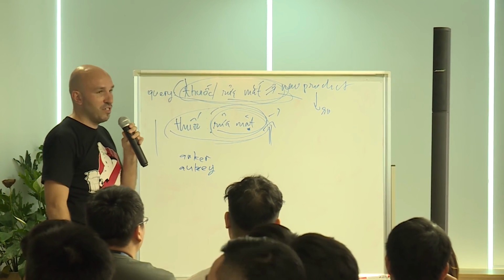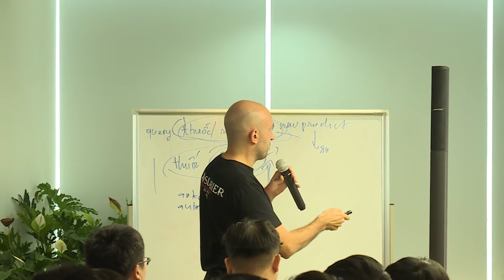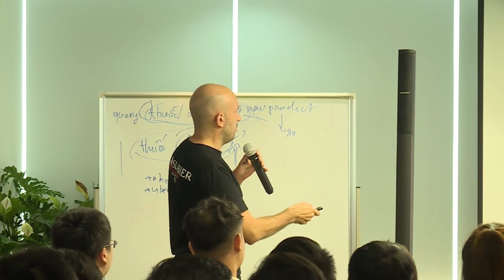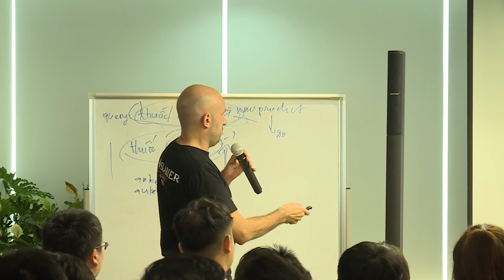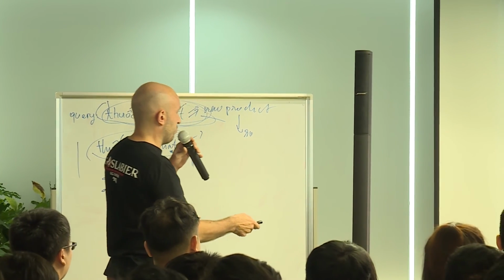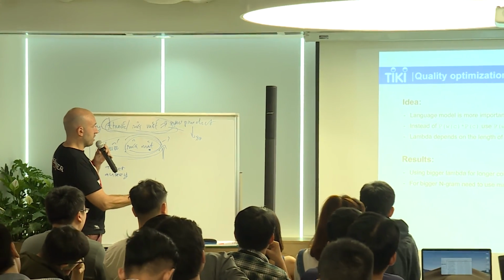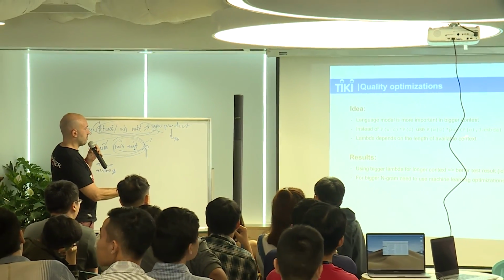We can come up with some machine learning in here, when I was talking about quality optimizations. In here, we said we can use lambda power for the language model.